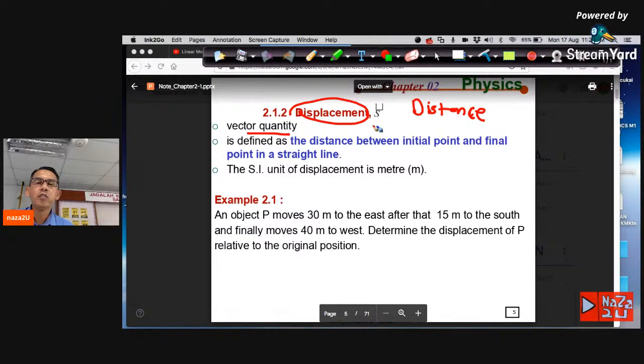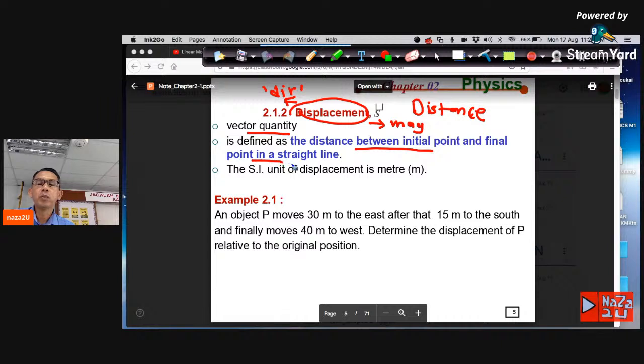So meaning if you talk about the displacement, you must consider the magnitude and you must consider the direction, right? The direction and magnitude. So this is a vector quantity. The displacement is defined as the distance between the initial point and the final point.